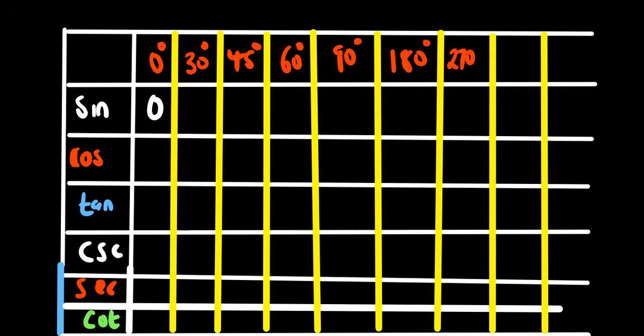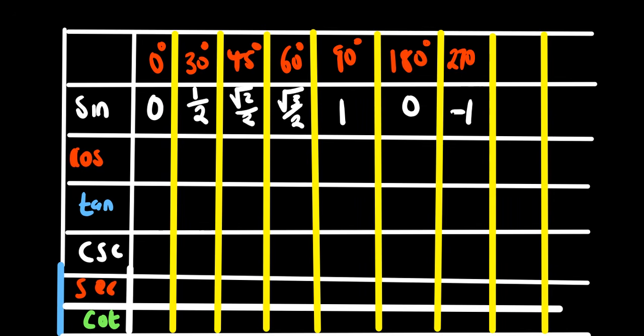Then sine 30, we've said sine 30 is just 1 over 2. Sine 45 is root 2 over 2. Sine 60 will be root 3 over 2. Sine 90 is just a 1. Sine 180 is a 0. Sine 270 is a negative 1. And they repeat when you put your 360.